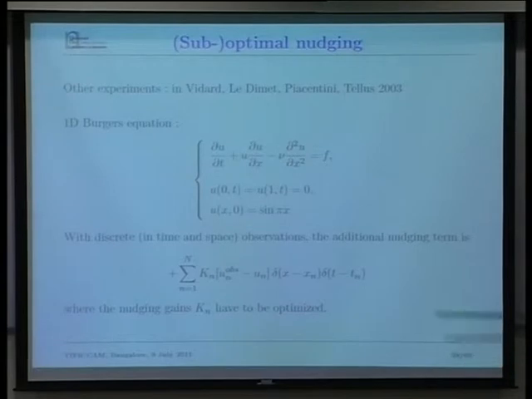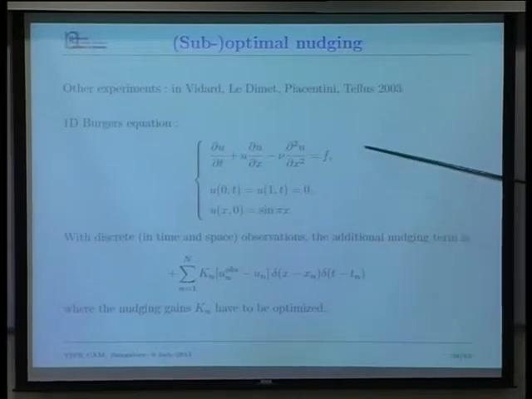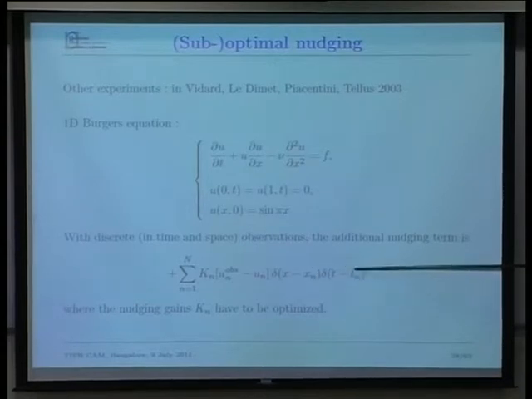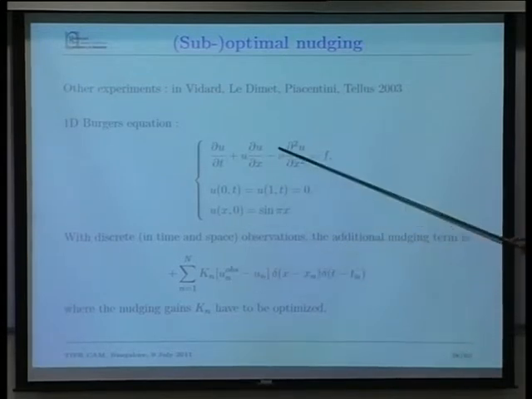So you assume that you have some discrete observations, and then you can add this nudging term at the time of the observations and at the location of the observations. So there is no smoothing here at the moment. And they assume that as you are in 1D, you can optimize the nudging K at all the observation times.